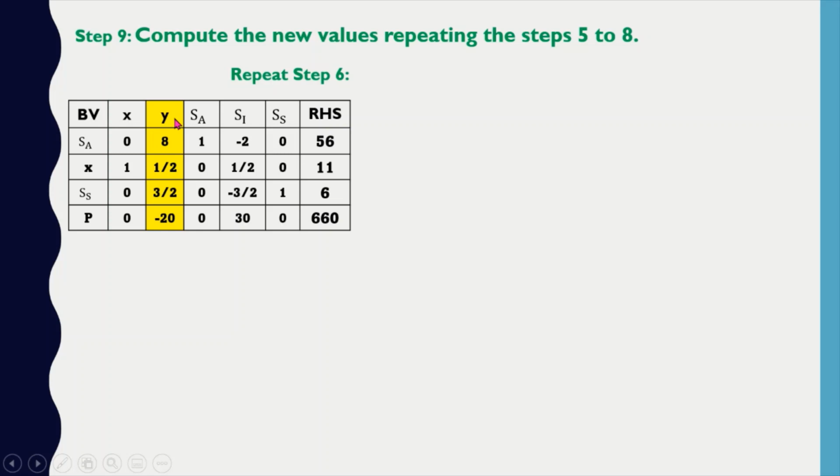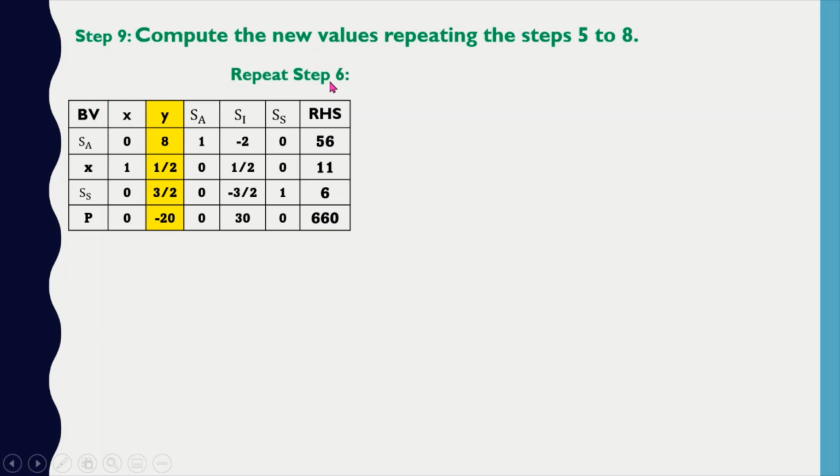The main basic variables right here are only x and y. So now we don't have any other choice, but we choose y as our pivot column. Okay, this is our pivot column, step 6.